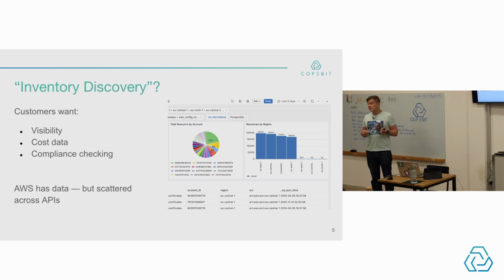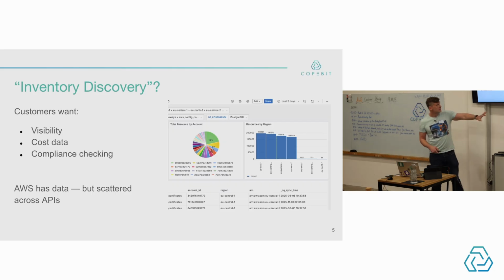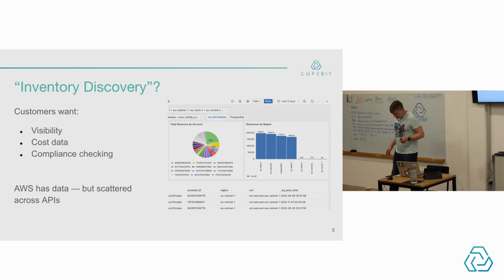Some things that our customers may want, or that we want, is visibility into what is running, cost data, and compliance checking. We also have AWS Config now, but this is more centralized for all of our customers. And this is just a preview of the end result.